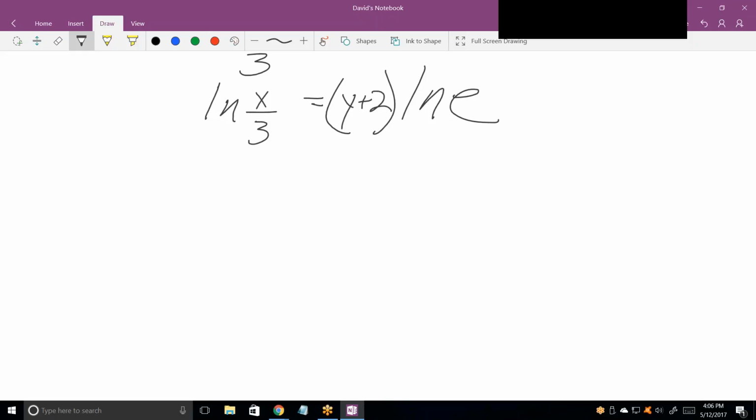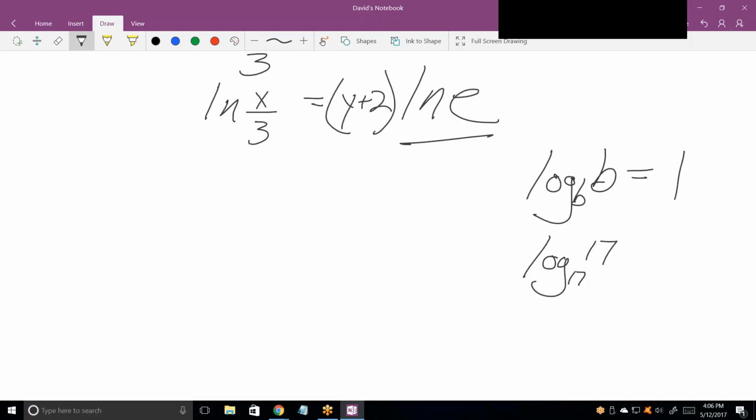Now, what's the natural log of e? Actually, I don't think we ever learned that. Like what e means? Well, here's what is true. The log base b of b is always 1. So the log base 17 of 17 is 1.